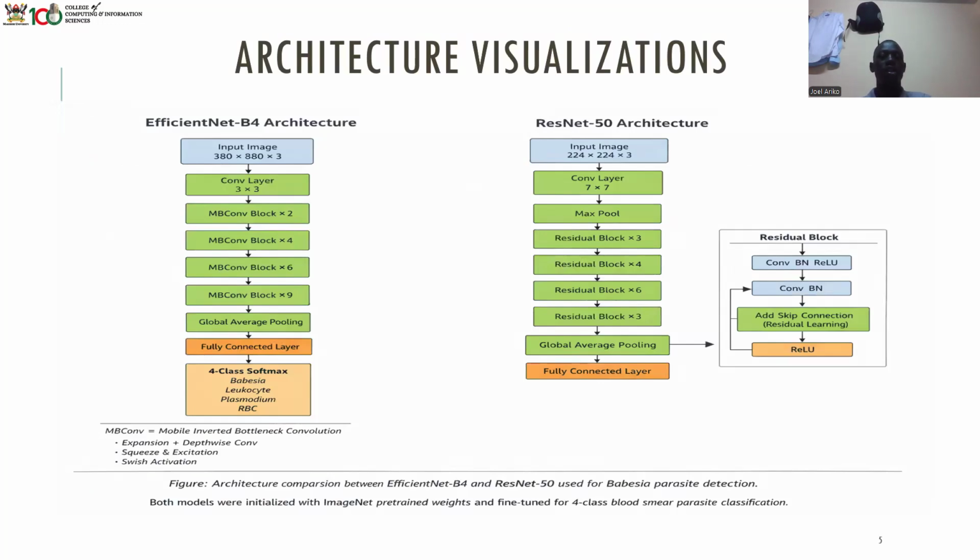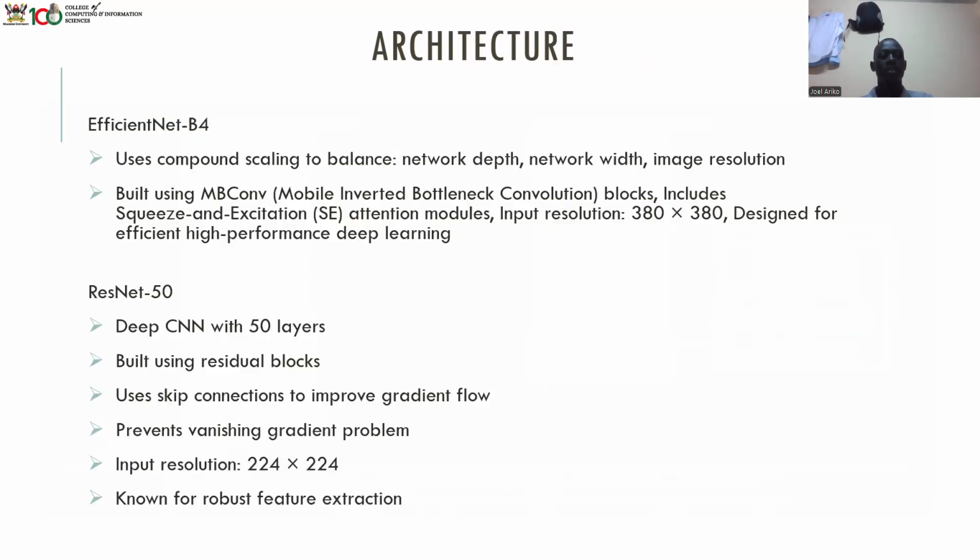Both architectures have multiple layers. The input images go through each of these layers until they form what we call a fully connected layer, where the predicted classes are formed. For example, Babesia, leukocyte, Plasmodium, and red blood cells. The ResNet prevents the vanishing gradient problem.